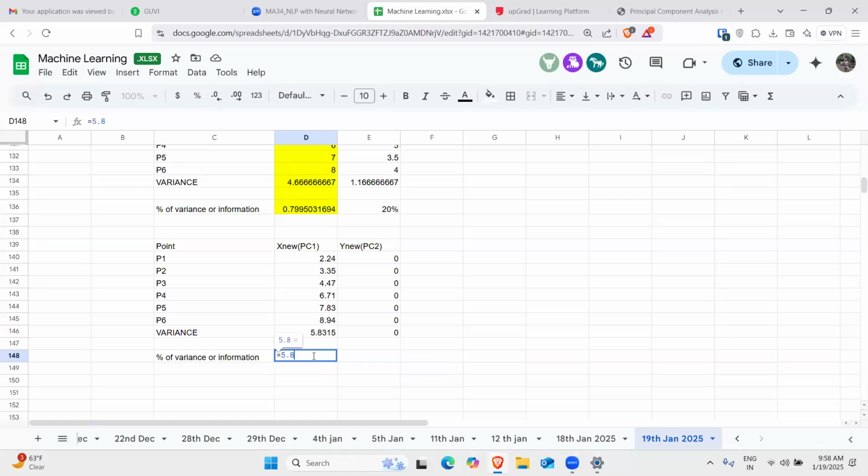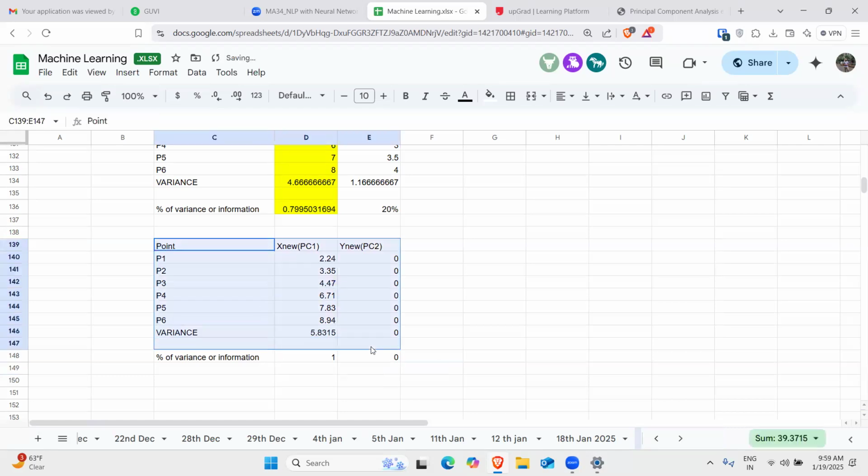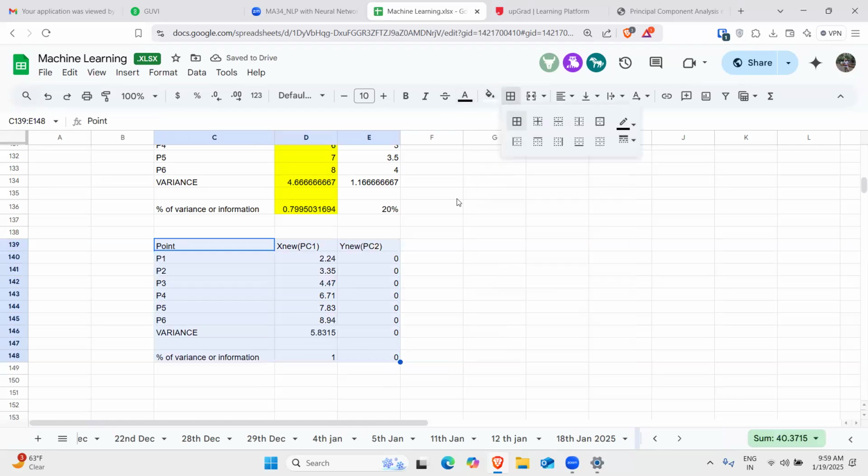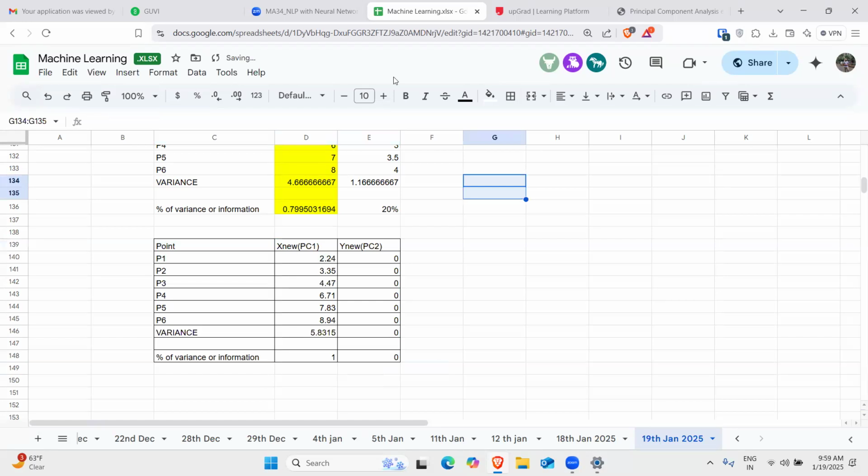It equals 5.83 divided by 5.83 plus 0, right? Simple. Are you guys getting this? So 100% information here, 0% information here, if you do PCA. And that's the whole idea. Now, is this clear to everyone? Does anybody have any questions? Yes, clear.